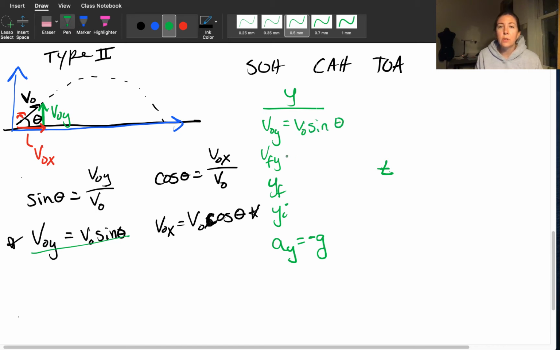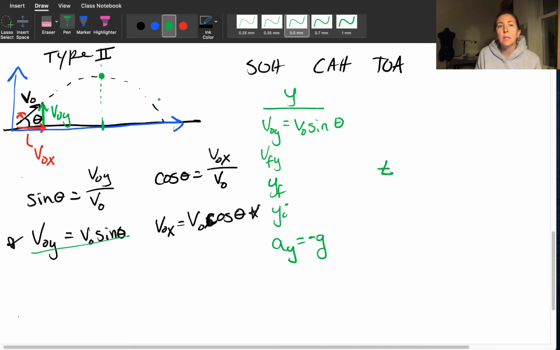Final velocity in the y direction depends on what you're trying to find. Before you start talking about the final position, you need to think about what the problem actually wants. If the problem is asking how high does it go, then we want the position up here, the final position to be the total height.